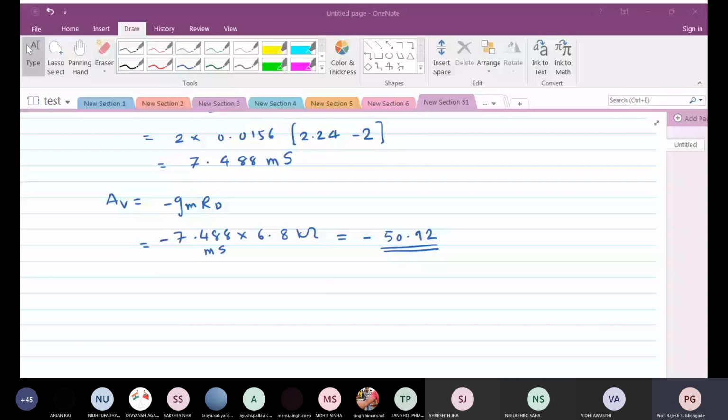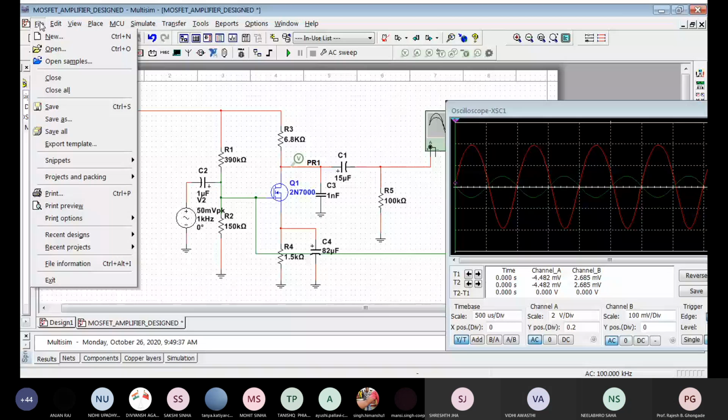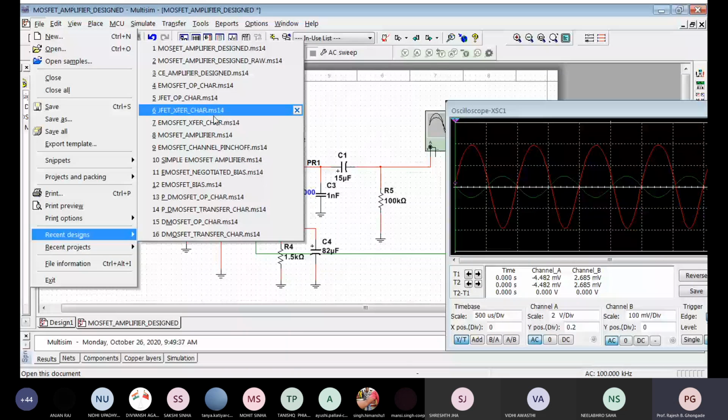So I'll just switch over to Multisim. Is the Multisim screen visible to you? Yes, sir. We'll first start with the raw values.